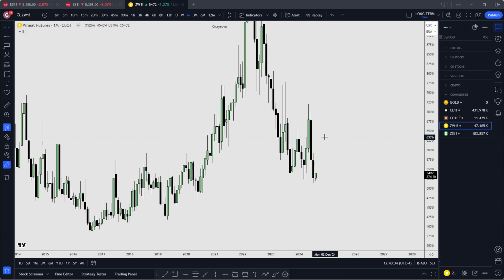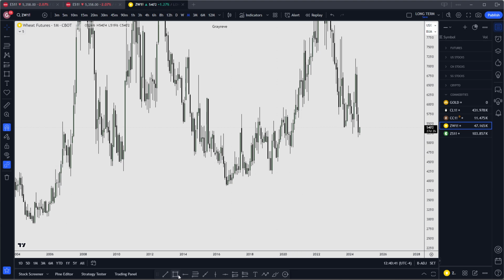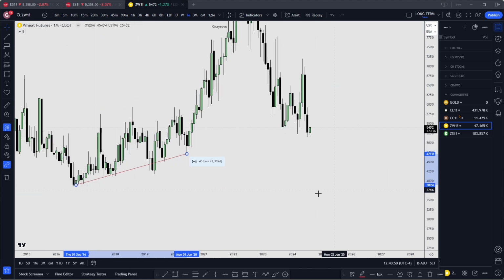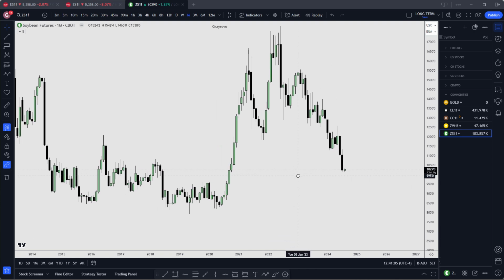For near term targets, obviously it would be these lows down here. These trend line lows are all liquidity below, so it might just do something like this, trade higher, and then go all the way down in one swoop. Low resistance liquidity runs.